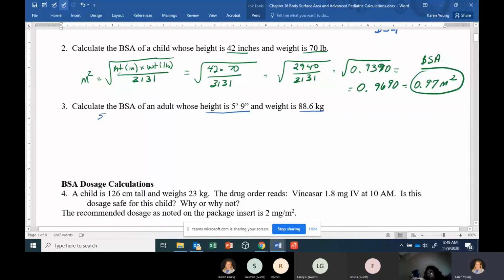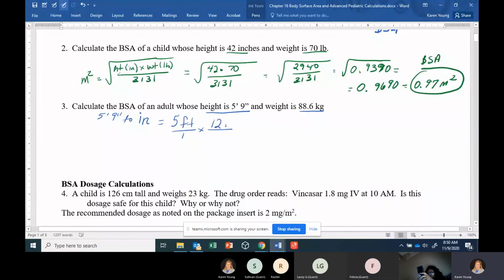But to convert my 5 feet 9 inches to total inches, I've got to take my 5 feet, and I'm going to write this out instead of using my hash marks. Take the 5 feet, put it over 1.